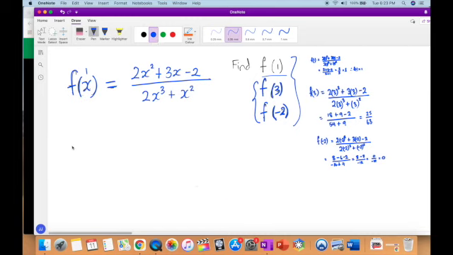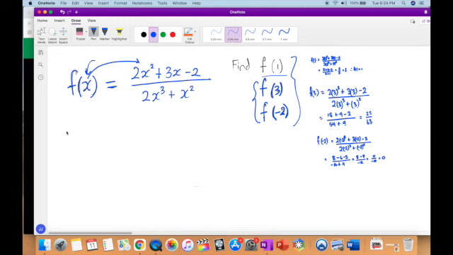The whole point here is I have a function, and if I put something in that bracket, in place of x over here, then you just have to take whatever I put.